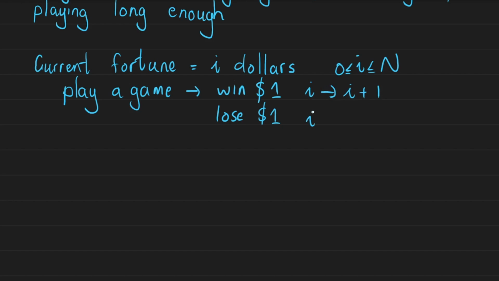Or if they lose $1, i is going to go to i minus 1. We're going to say that the probability of winning $1 is P, so we designate that probability by P. And therefore the probability that the gambler loses $1 is 1 minus P. We're going to call that Q. So Q is equal to 1 minus P.